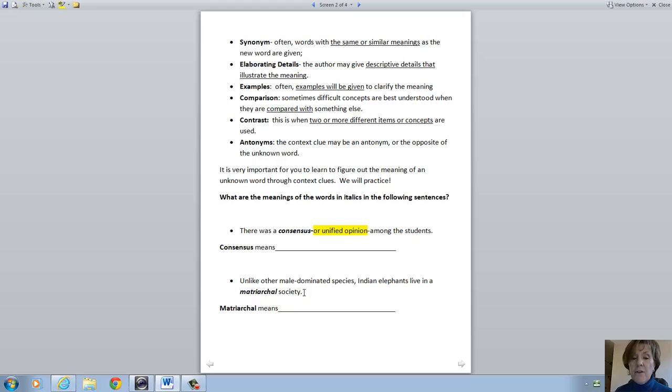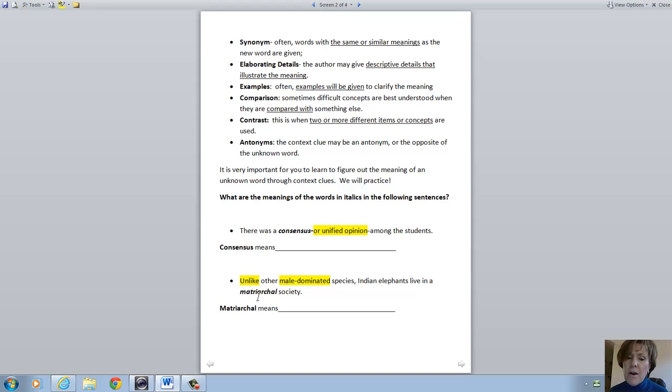Next one. Unlike other male-dominated species, Indian elephants live in a matriarchal society. Okay, let's look at the words. Unlike is a key word. Unlike male-dominated species. So if it's unlike male-dominated, it must be female-dominated.